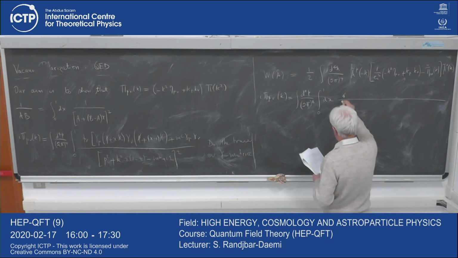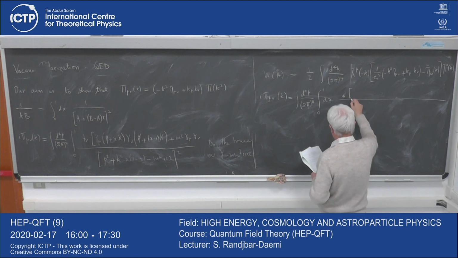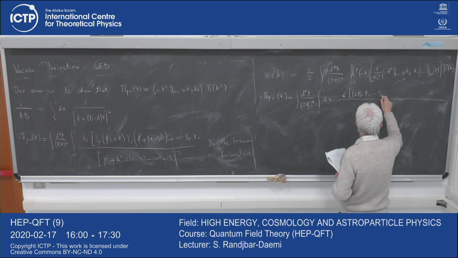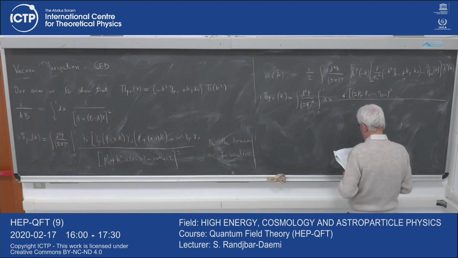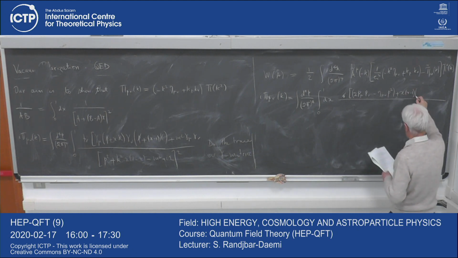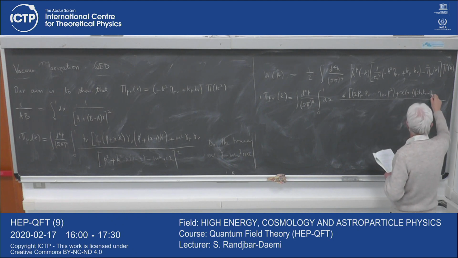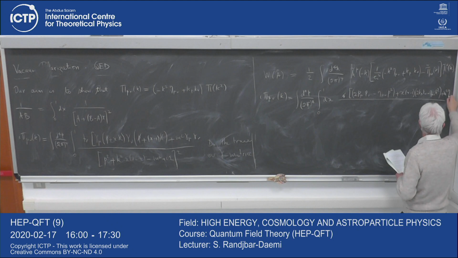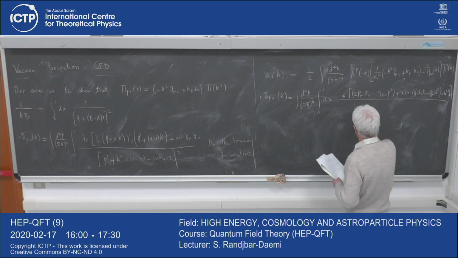The trace produces a factor of 4 times 2 p mu p nu minus eta mu nu p squared, plus x times x minus 1 times 2 k mu k nu minus eta mu nu k squared, plus m squared times eta mu nu, divided by the same denominator.